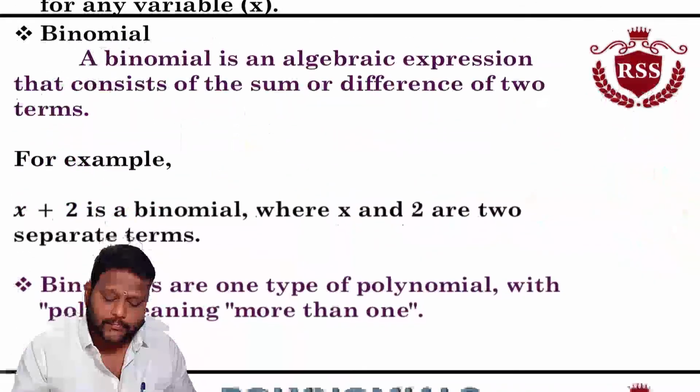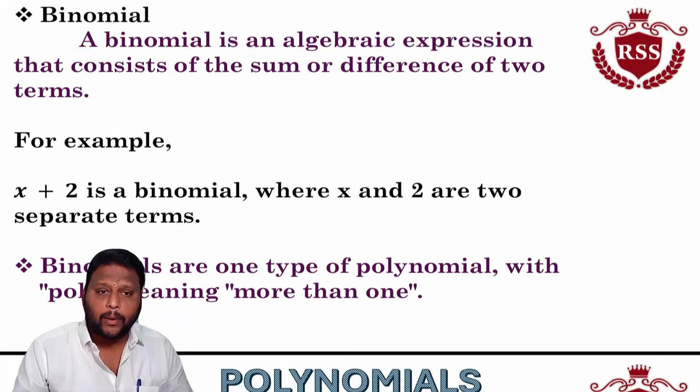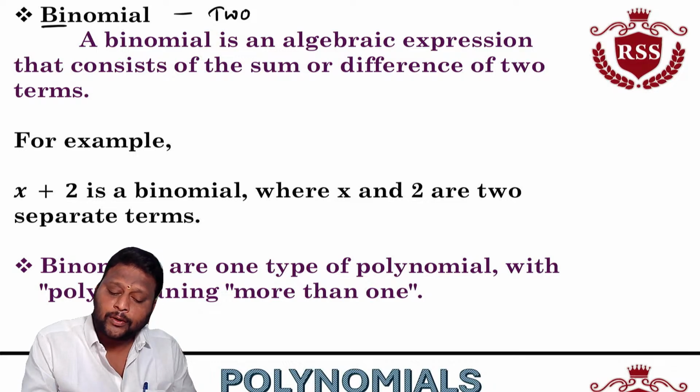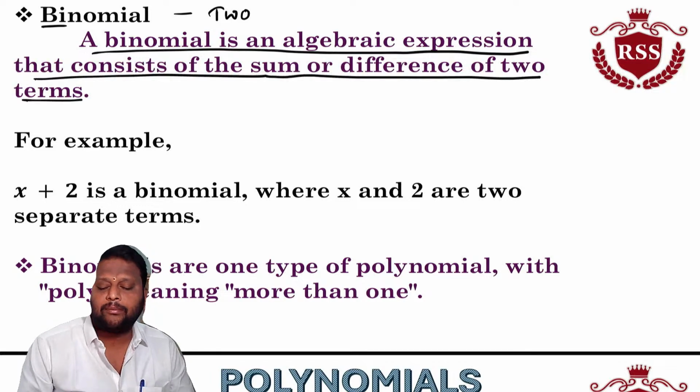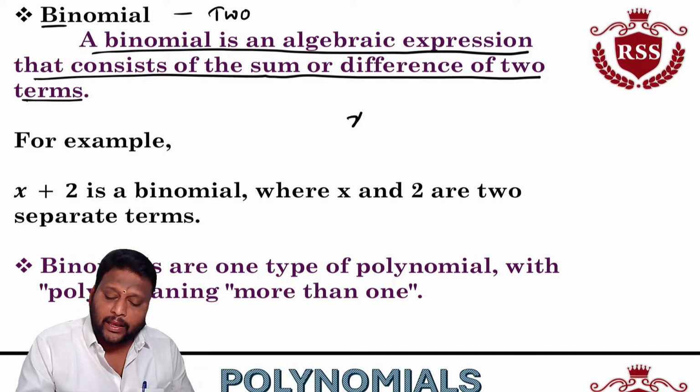Next, binomial. Very, very important. Binomial. Bi means two. A binomial is an algebraic expression that consists of the sum or difference of two terms. For example, x plus 2.